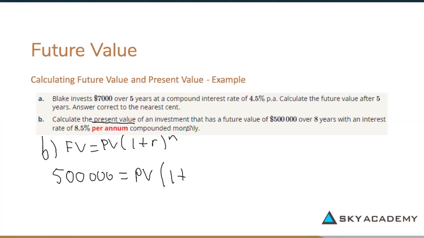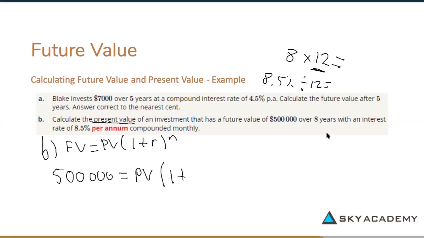And when something's compounded monthly, you have to multiply the years by however many months there are in a year, and you have to divide the rate by however many months there are in a year. Now I'll explain why we do this.